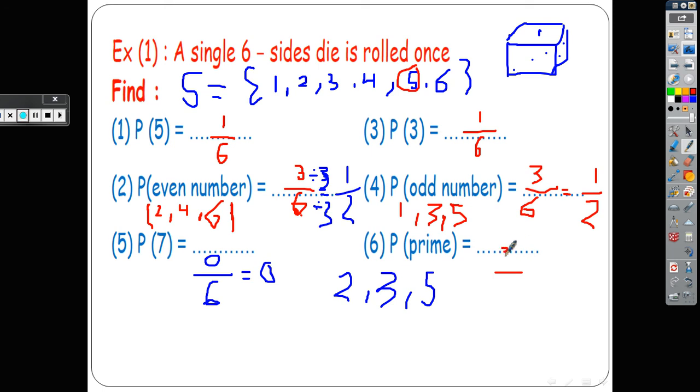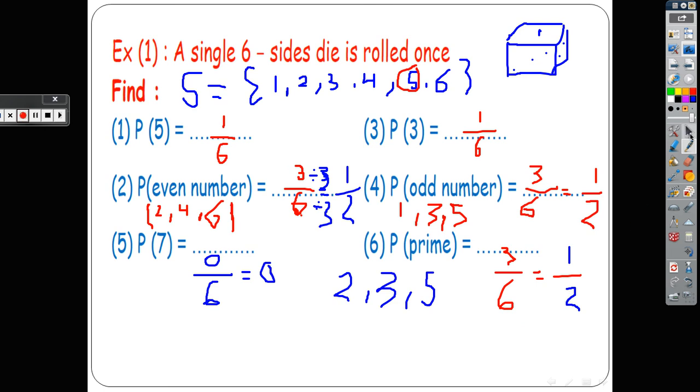So you write 3 over 6. If you want to simplify it, you divide up and down by 3 also. 3 divided by 3 equals 1, and 6 divided by 3 equals 2. So it is 1 over 2.